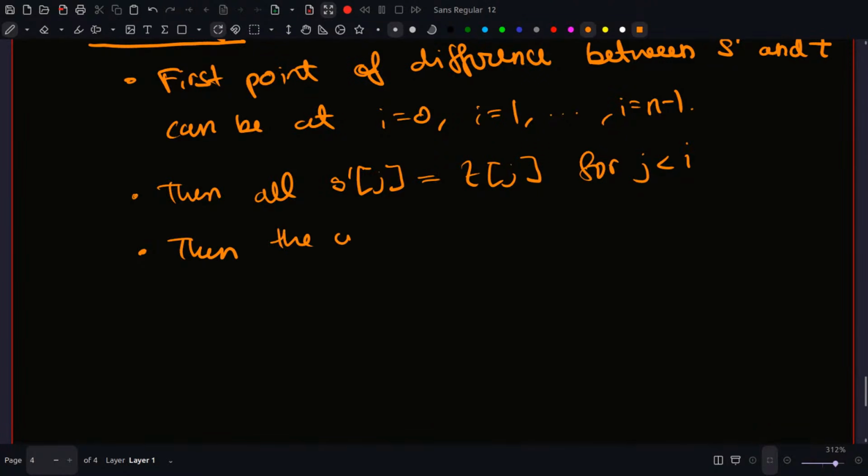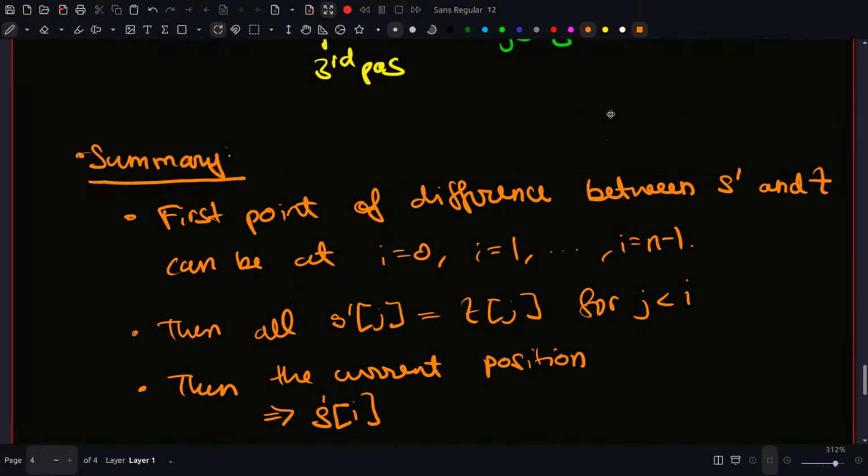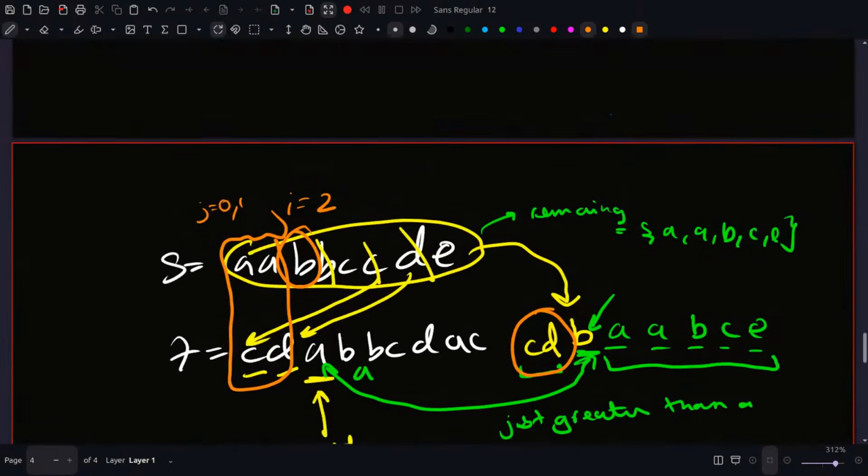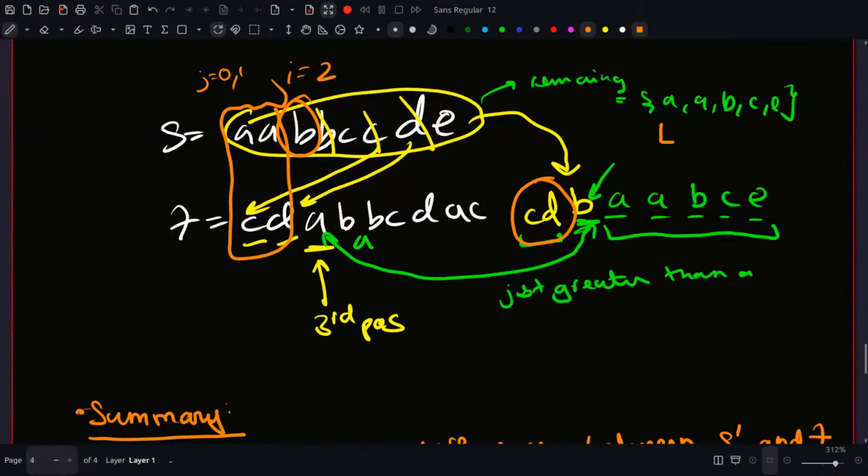The current position, S dash of I, is where we will set one of the remaining characters.